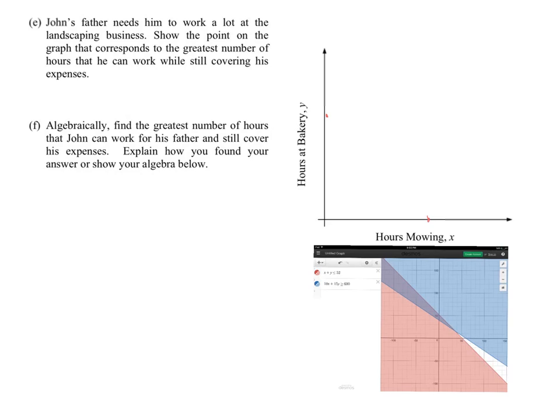So the red line is kind of like this, and it shades everything below that line. And then we have the blue line where it is going slightly below and slightly farther over. So it's going like this, and it's shading everything above that.